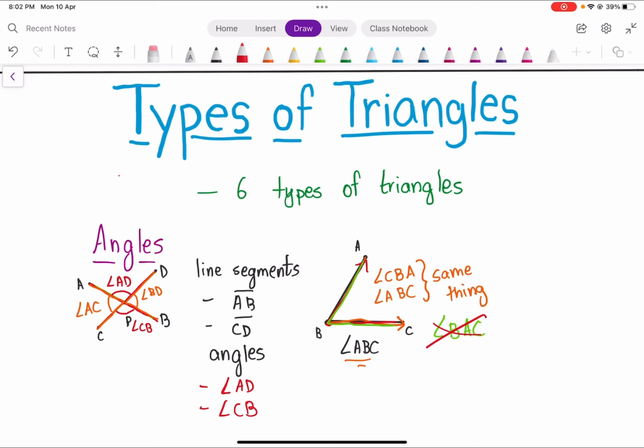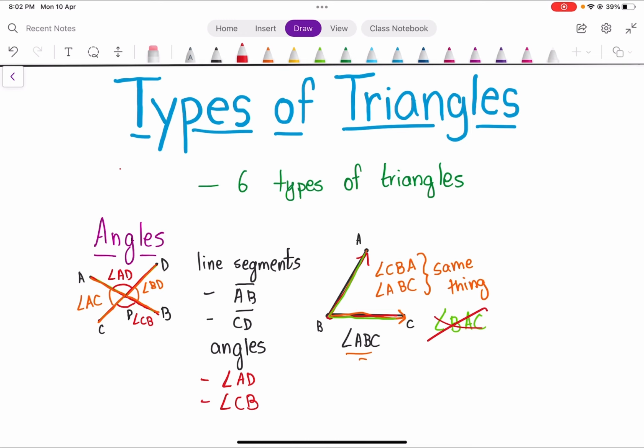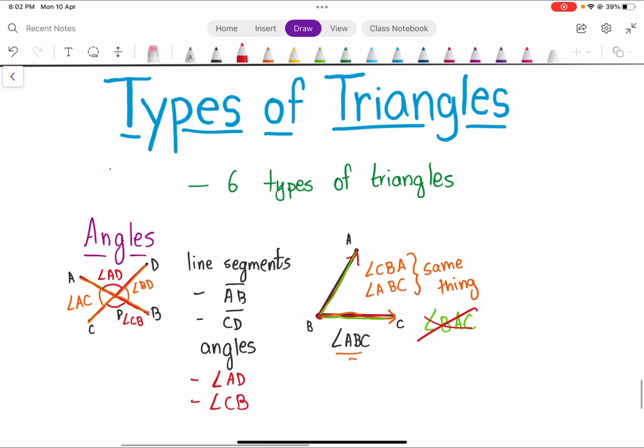No, because that would show us going from B to A and then going back to C somehow. That is pretty messy and would not work. So remember, the intersecting point will always be in the middle. Our intersecting point over here is B, and in our previous example, it's P. That will always be in the middle.